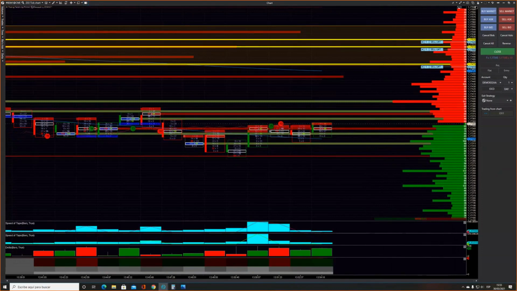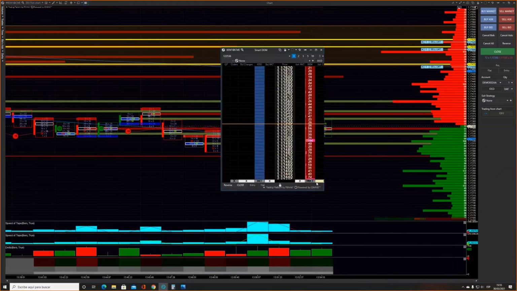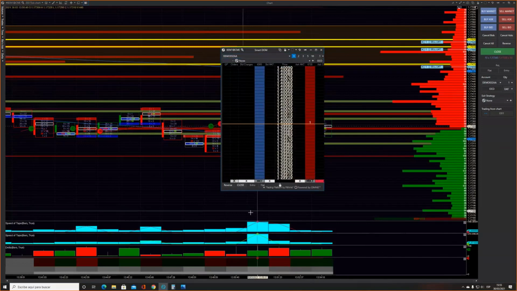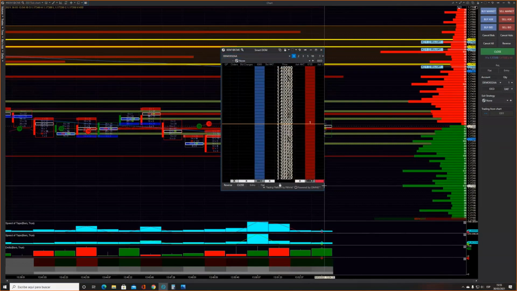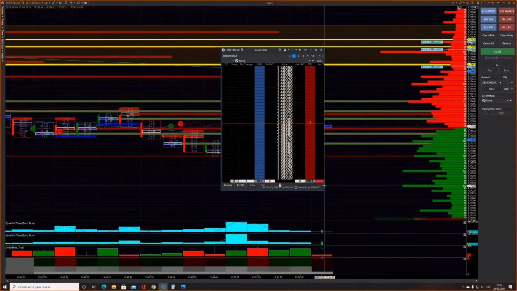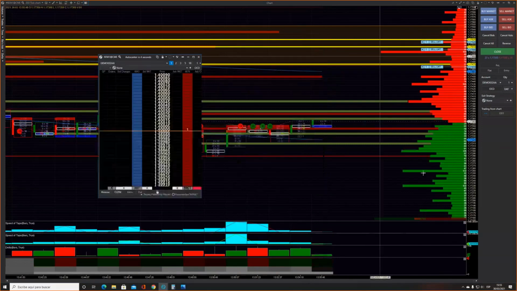I can show you that also by looking at the depth of market. Let me just show it to you here. This is the depth of market, in the demo account. Here you can see exactly what I was just explaining, how prices actually move and why they go up or down.